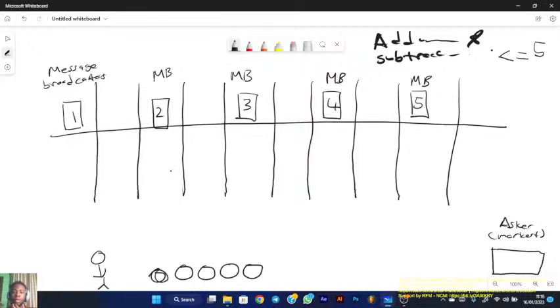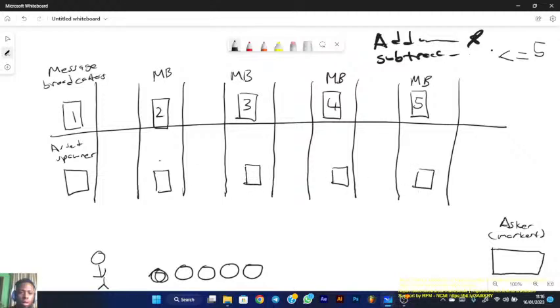Okay, so how this is going to work is we are also going to have asset spawners. Asset spawners. Asset spawner, asset spawner, asset spawner.